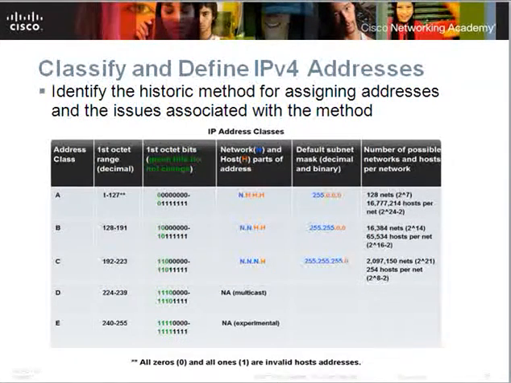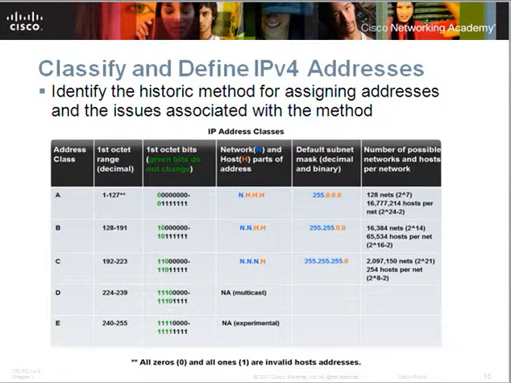We need to calculate the default subnet mask by setting network bits to 1 and host bits to 0. So the default subnet mask for A is 255 with the remaining all 0, for B it is 255.255 and 0.0, and for class C the last octet will be 0 and the remaining are 255. That is how we get the subnet masks of the different classes.